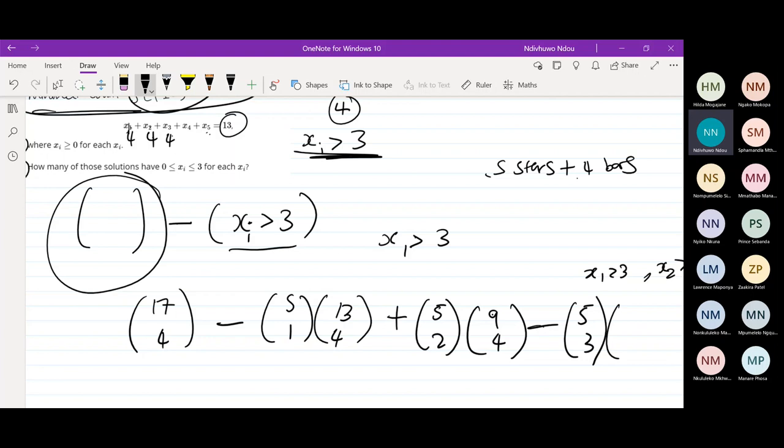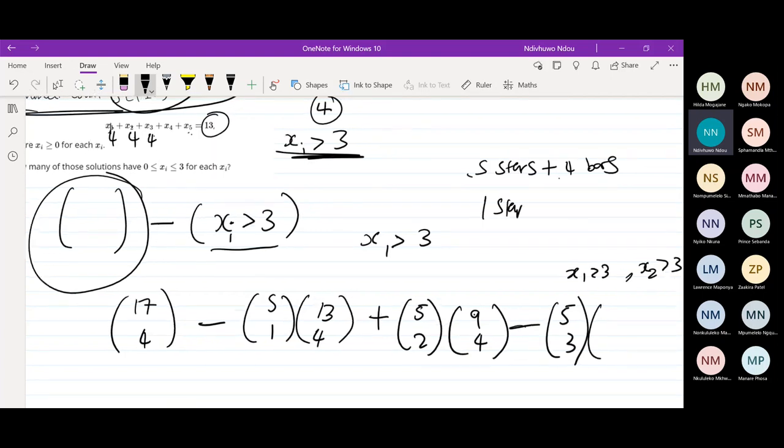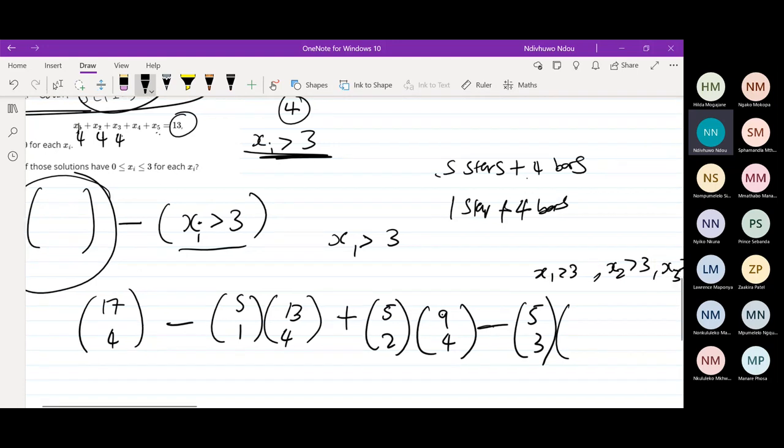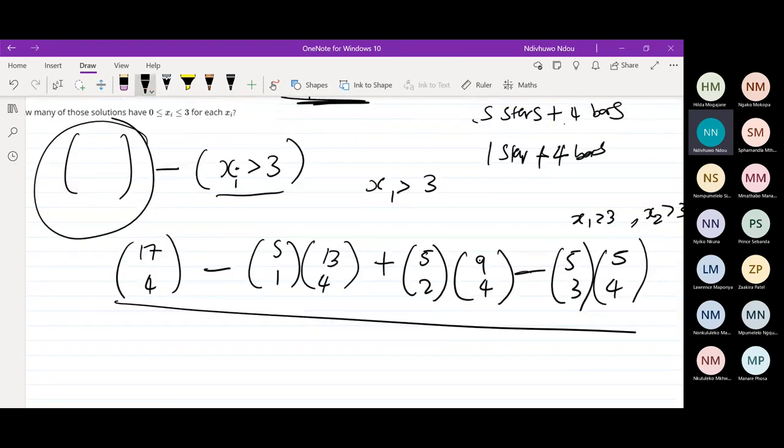Obviously it's 1, because we are subtracting 12 there. So you're only left with 1 star plus how many bars? 4 bars. And we can see this will be 5, and we choose the bars, which is 4. We can't continue any further because if you give the other one 4, it's completely out. So now this will be the final answer using the principle of inclusion and exclusion.